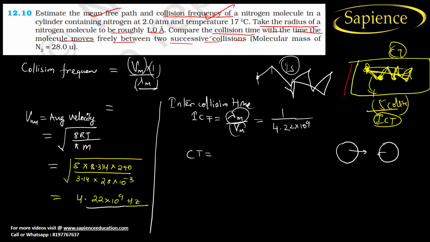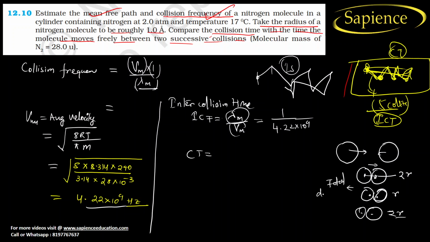If you read this question, when it collides, it will be compressed, so its radius will reduce. Earlier, the distance between the centers was 2r. Then the distance between centers becomes r, and after that it again goes in such a way that the distance between the centers becomes 2r.